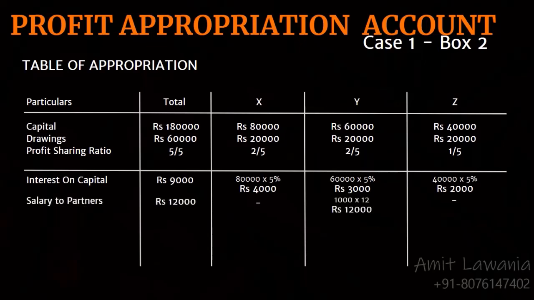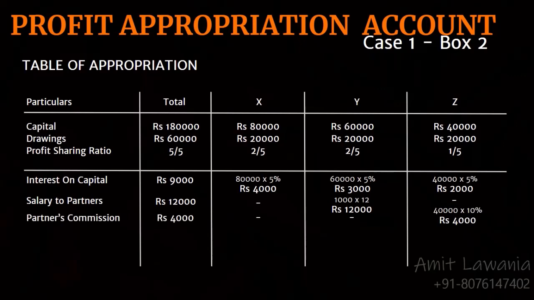Next item we find in the question is salary to partner Y at rupees 1,000 per month. So for the year, that is for 12 months, it will be rupees 12,000. No salaries for the other partners, so the total salary will be rupees 12,000.